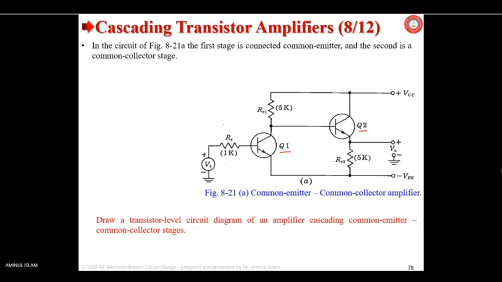Previously, if you see, this is the collector resistance of Q1. It's a 5 kilo ohm resistance. And RE2 is the load resistance of stage 2. Now remember these things.